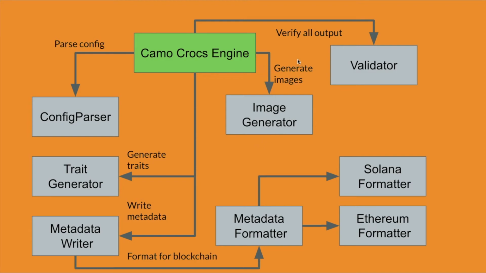Once everything is done, there is a validator module. This has a lot of tests. It checks a number of things like it compares against the config, things such as do we have the right number of images we expected in the config, we have the right number of metadata files, and it also does some parsing of all the written out metadata and checks if we have the right number, and then it also checks the attributes and things like that.